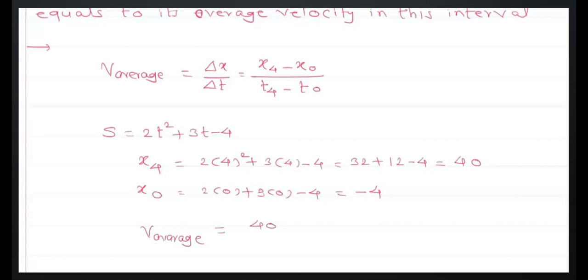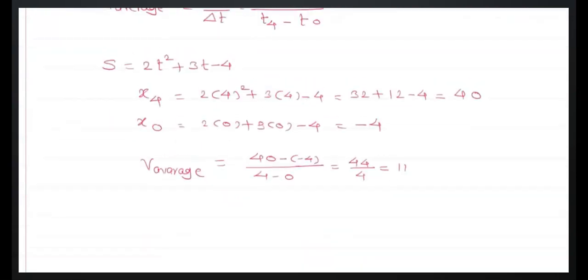Therefore V average = (40 - (-4))/4 = 44/4 = 11.